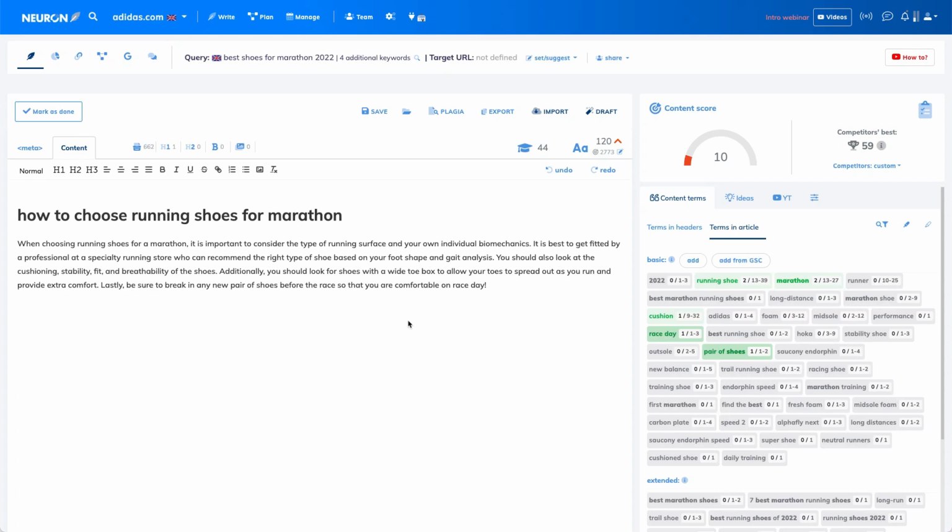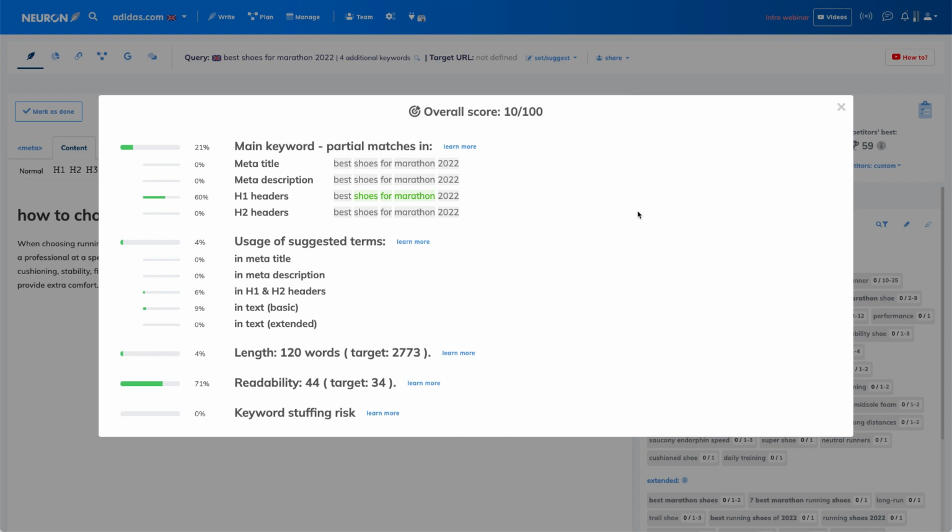Let's dive a little bit deeper into what a content score indeed is and how it's calculated. The content score factors are briefly described on the checklist.